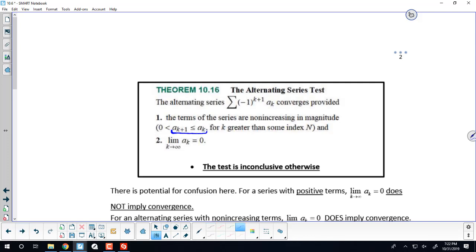And notice that it says for some k greater than a capital N. So it just says that the series may not start out with the terms non-increasing, but eventually that's what has to happen. So maybe after k equals 1,000, the terms start to be non-increasing. At some point they have to do so. And two, the limit as k approaches infinity of a sub k has to be 0.